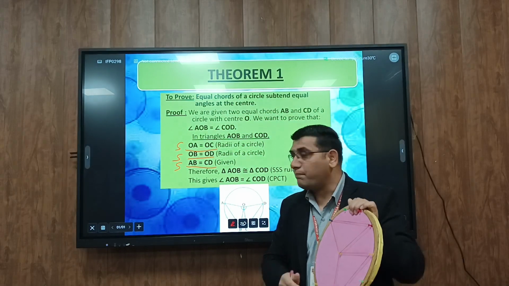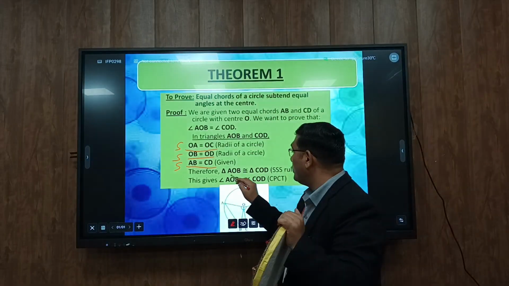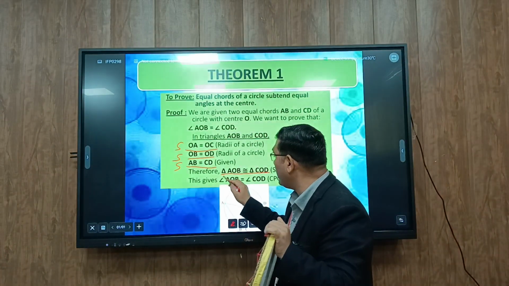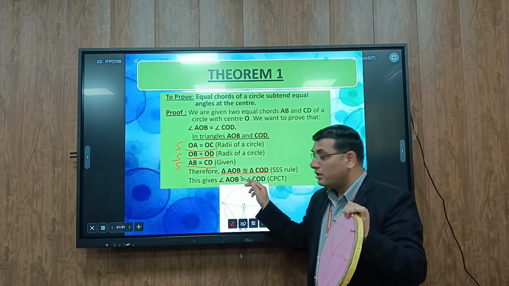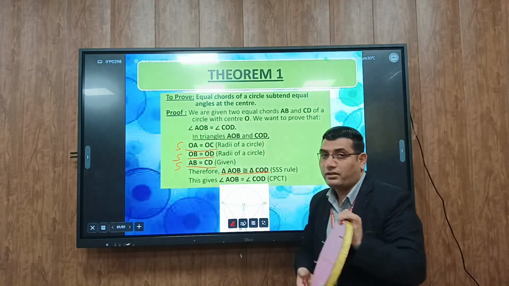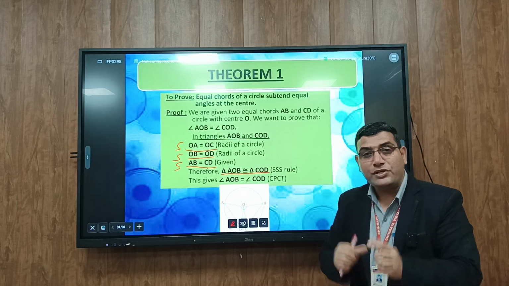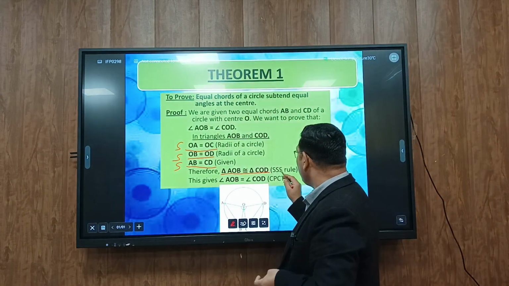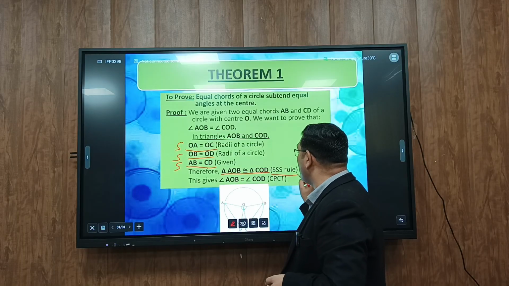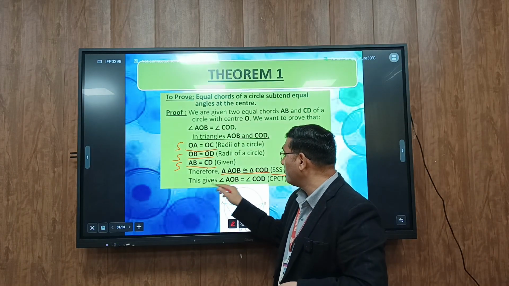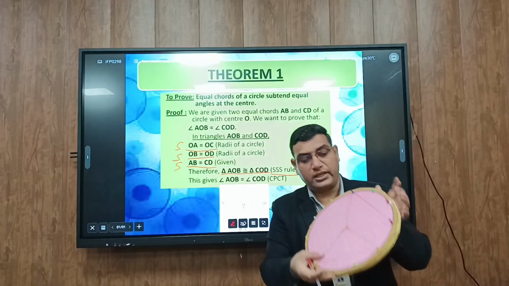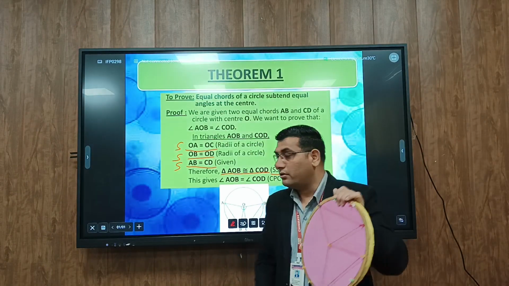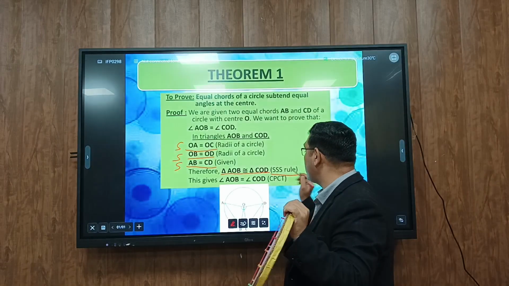So by using the SSS congruency criterion, you can prove these two triangles are congruent, right? Triangle AOB is congruent to triangle COD, but you have to follow the order, which part corresponds to the other triangle. Now from here, angle AOB is equal to angle COD by CPCT.